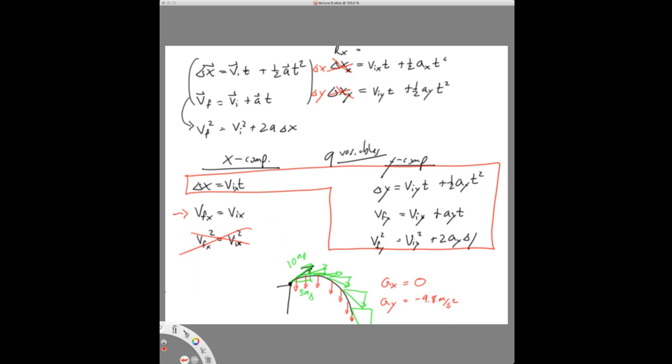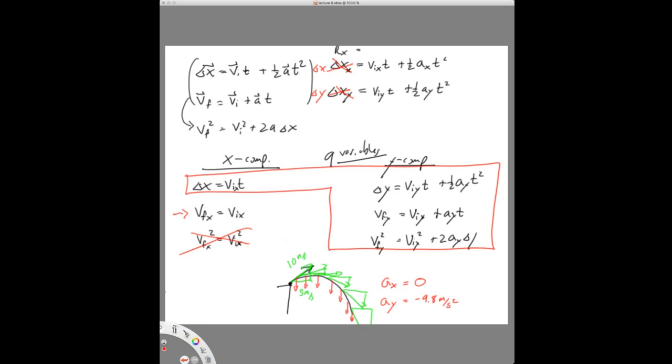So let's do that. Let's try to solve a problem using these new master equations. I'm going to just capture these equations and copy them to the next page.